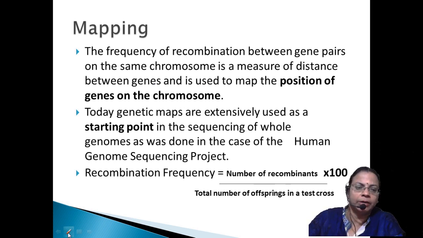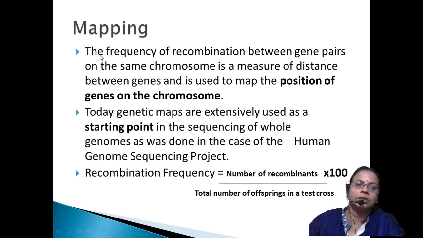So when we are representing, suppose gene A, then gene B, and gene C. A and B are 2 units apart, and A and C are 4 units apart.